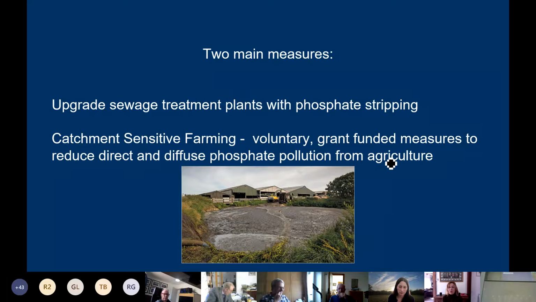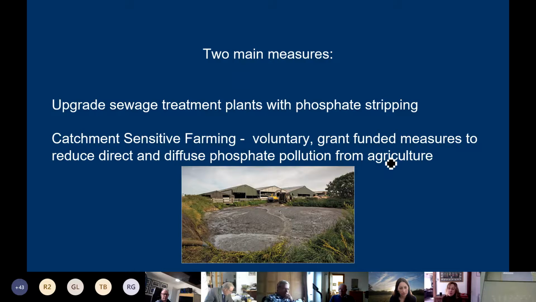So there were two main measures, very broadly, in the nutrient management plan, and the first of them was to address the sewage treatment works. Welsh Water, Dŵr Cymru, is the local water utility, and they have their 5-year programme of upgrading their sewage treatment works and introducing phosphate stripping at those plants.